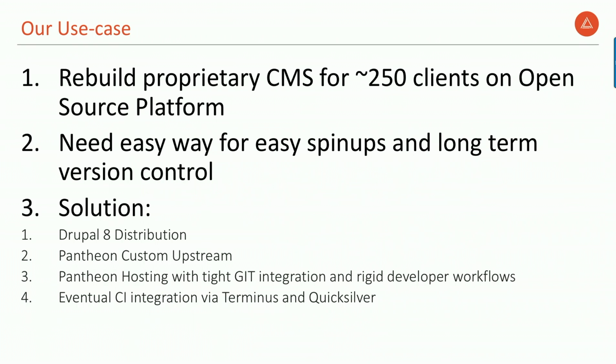So our scenario is that at Achieve we currently have a proprietary CMS that was developed in 2001, written in Cold Fusion. If you just let that sink in for a moment, you realize the challenges associated with that.